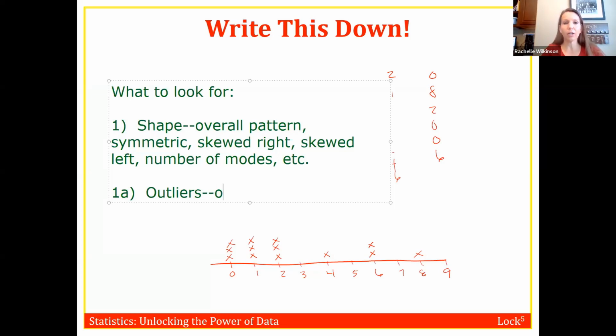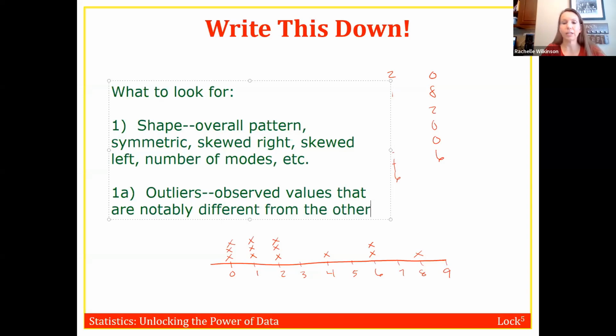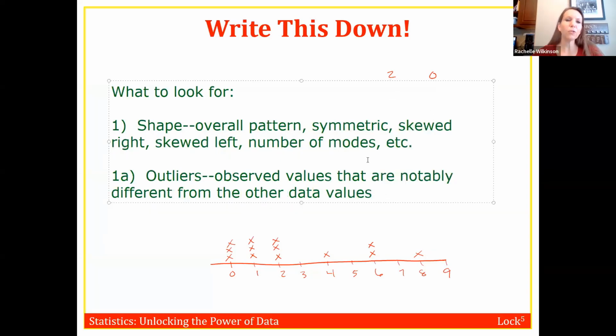So outliers are observed values that are notably different from the other data values. So if we have a skewed distribution, we're typically going to see outliers in that distribution.